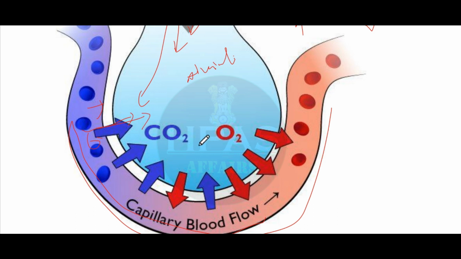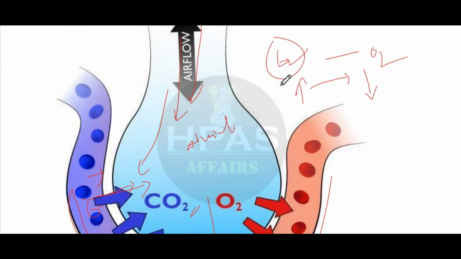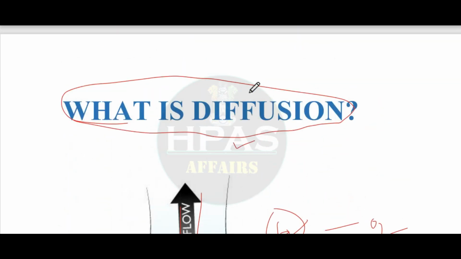And when the concentration becomes low here, then O2 moves like this. So this is the full process. This is all about concentration. When the concentration of a particular gas is high, it moves toward the low concentration, and that is what happens in diffusion. This is the main reason how gases are exchanged through diffusion, and this is the full process.